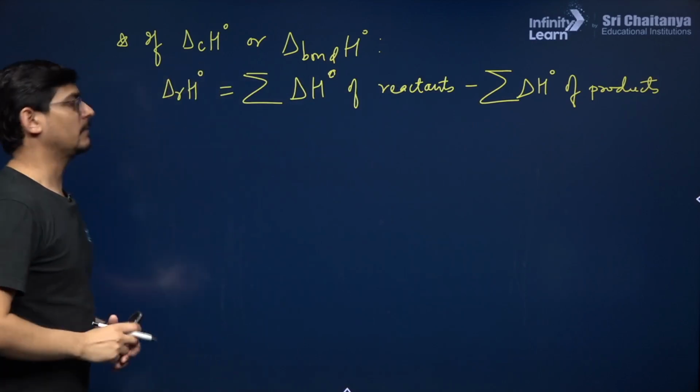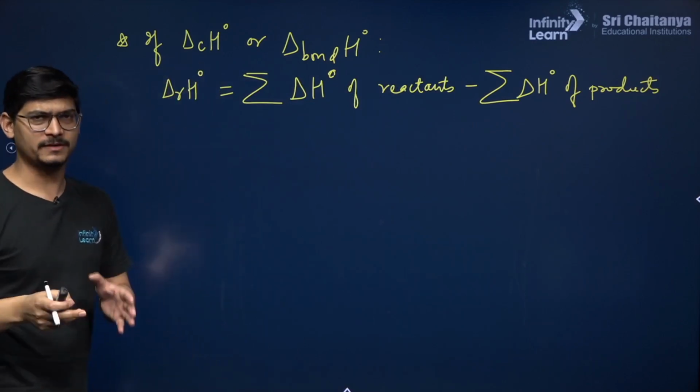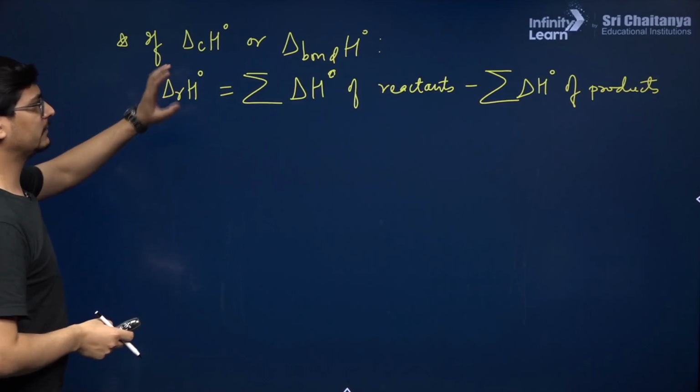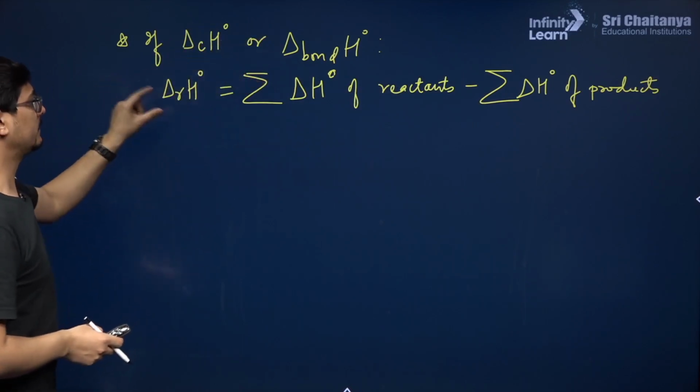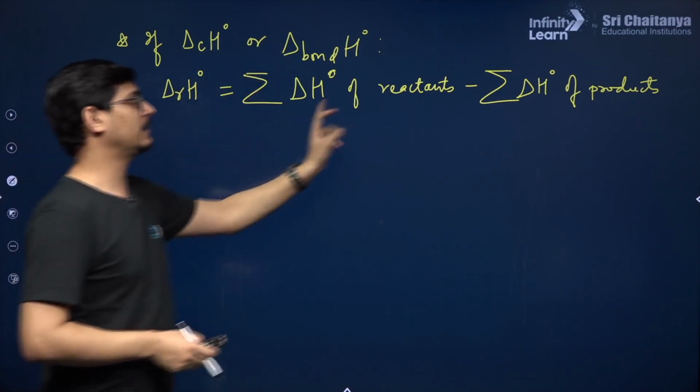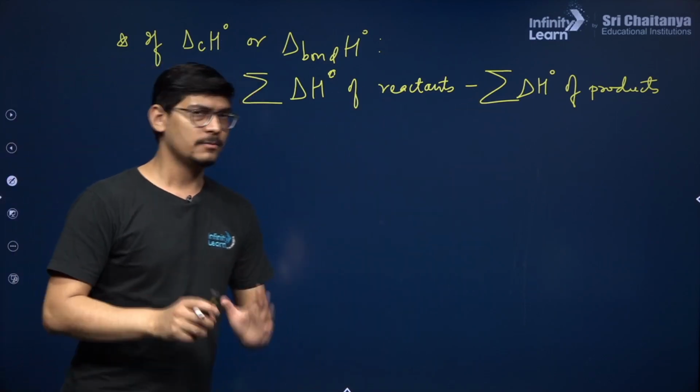So if you are given the combustion enthalpies or the bond enthalpies of different reactants and products, then you can calculate the enthalpy change of your reaction, whatever the equation is, as the total enthalpies of reactants minus total enthalpies of products.